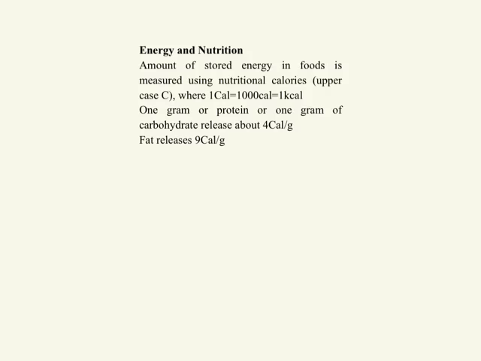The amount of stored energy in foods is measured using nutritional calories. And how do we write this nutritional calorie? With uppercase C. This uppercase Cal is the unit of energy we use with food items. And 1 Cal with uppercase C is equal to 1000 calories, or 1 kilocalorie.